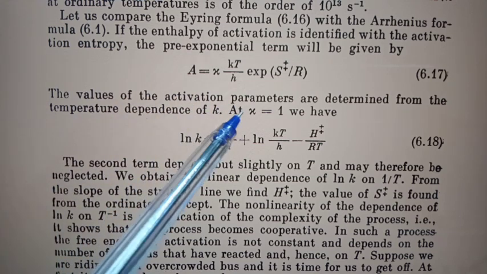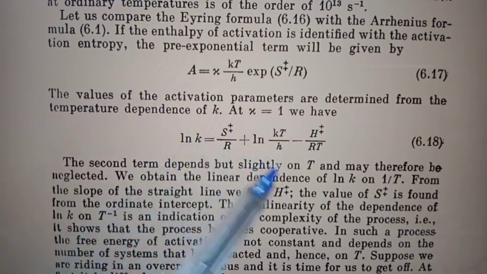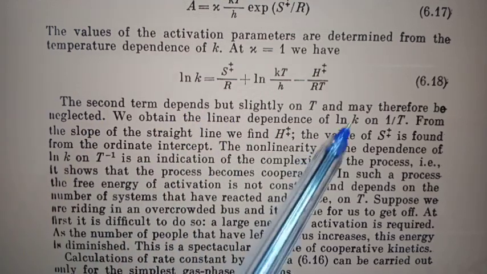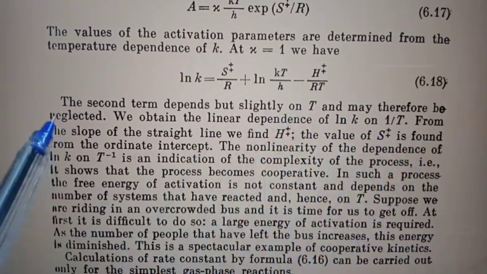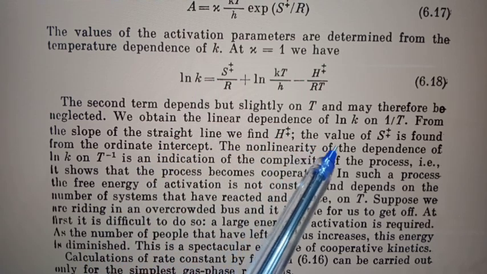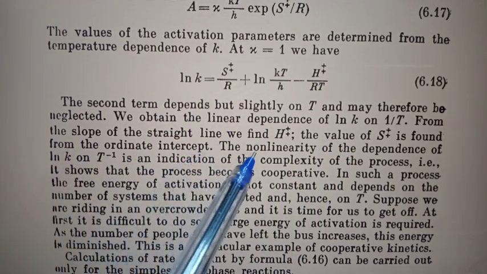At x equal to 1, we have this equation. The second term depends but slightly on T and may therefore be neglected. We obtain the linear dependence, and from the slope of the straight line we have H positive. The value of the entropy is found from the ordinate intercept.